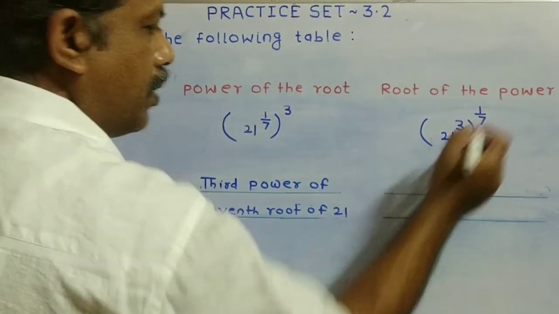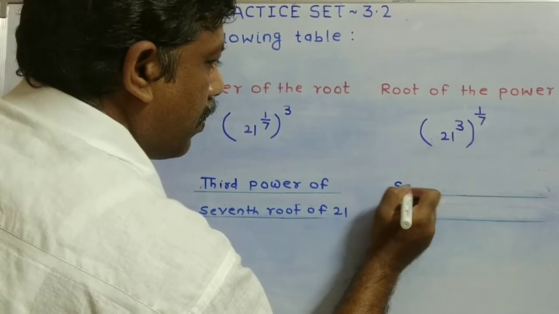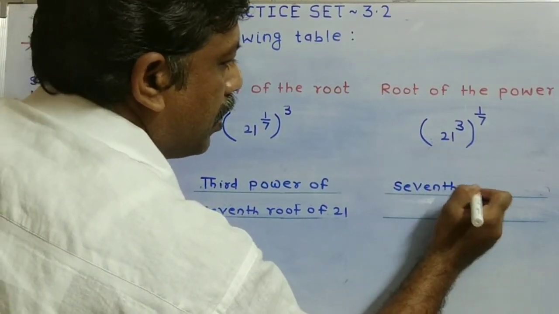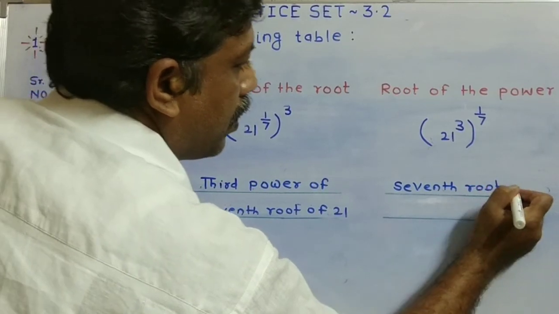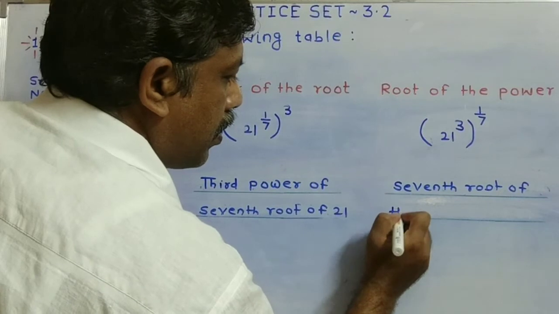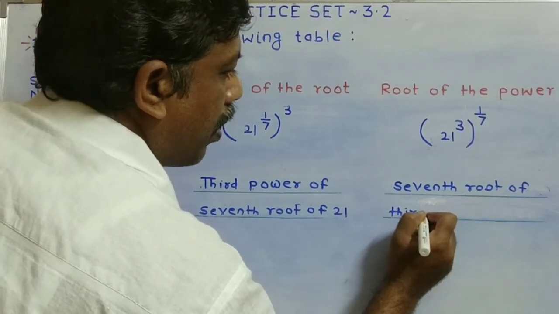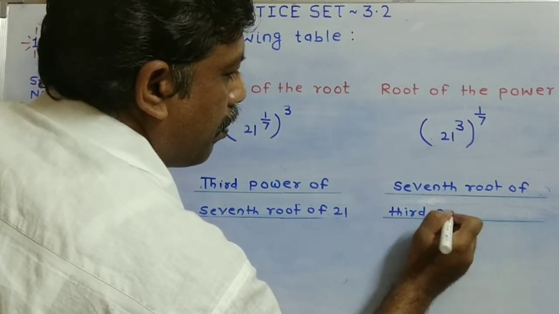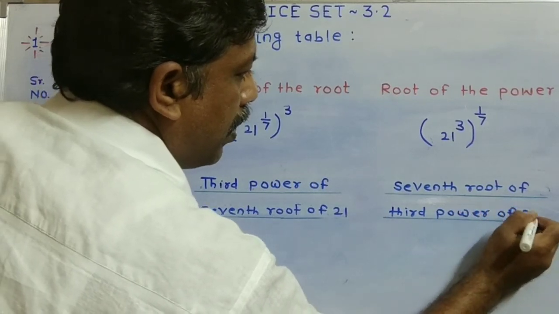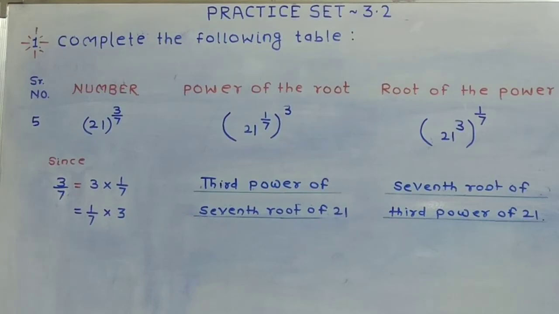In the similar manner, which root? You can write down here seventh root. Seventh root of which power? Third, or cube, third power of which number? 20.